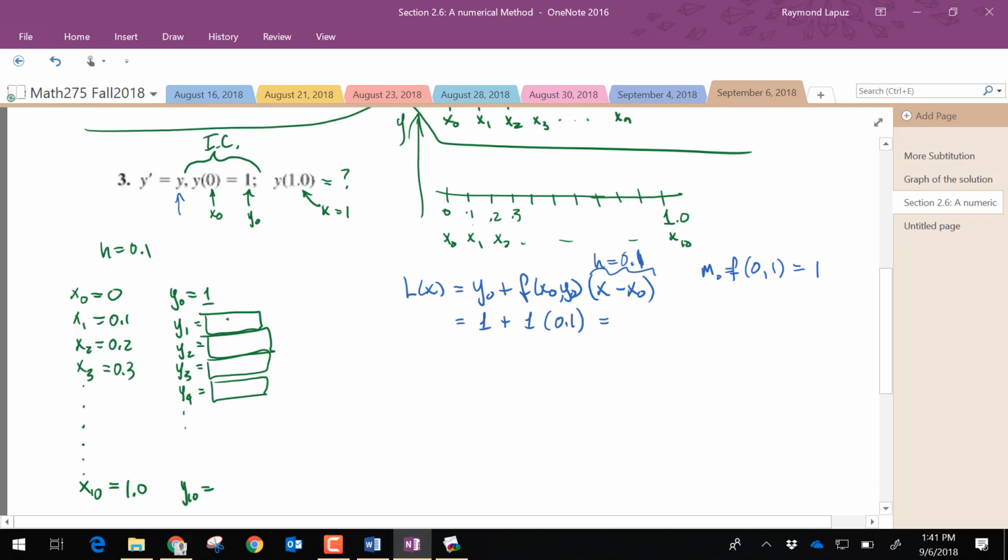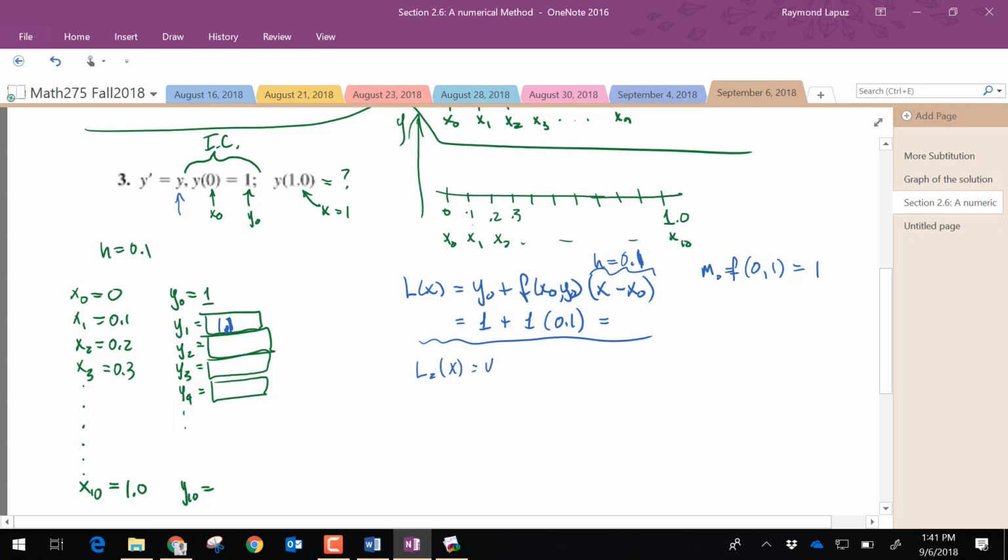What is this? 2.1? 1 plus, oh, wait, 1.1. 1.1. I was adding 2. All right, so now I'm going to come up with my new line. Maybe I'll call it L2, I don't know.